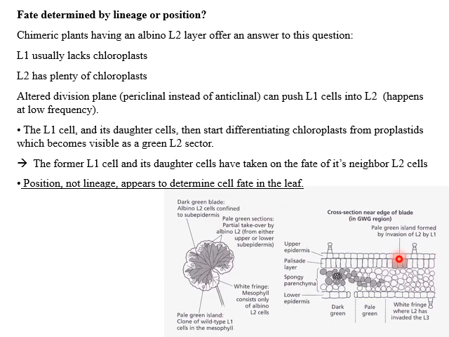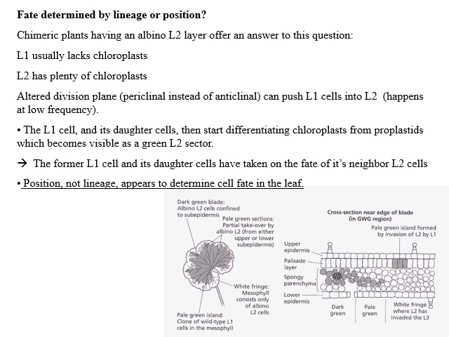They don't really move, but just by the pressure, they end up in the L2 layer. And the funny thing that happens then is that the daughter cells of that cell pushed in here will differentiate chloroplasts. So the mother cell in this layer didn't have differentiated chloroplasts, but the daughter cells will differentiate chloroplasts.